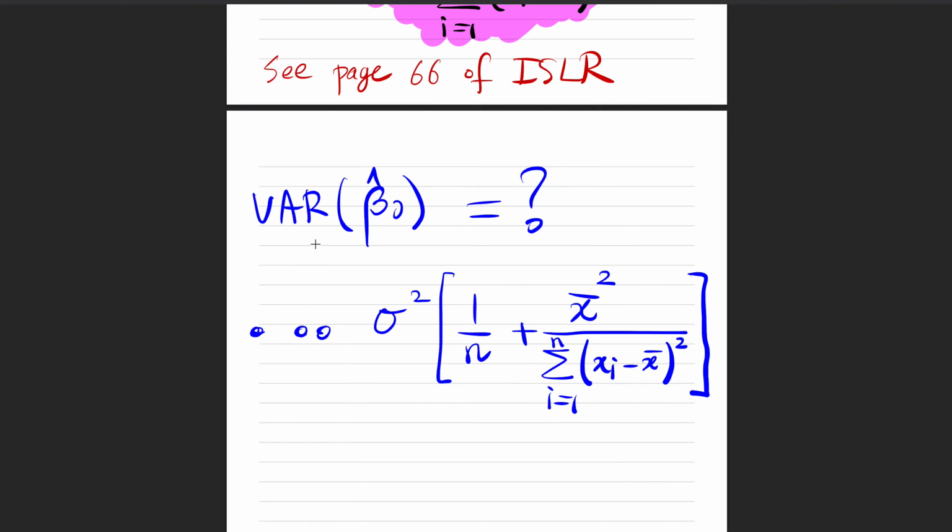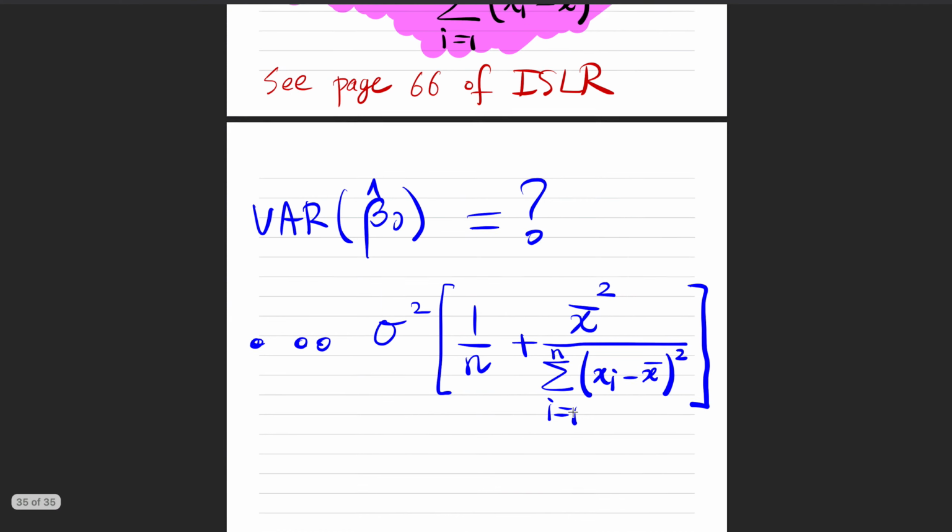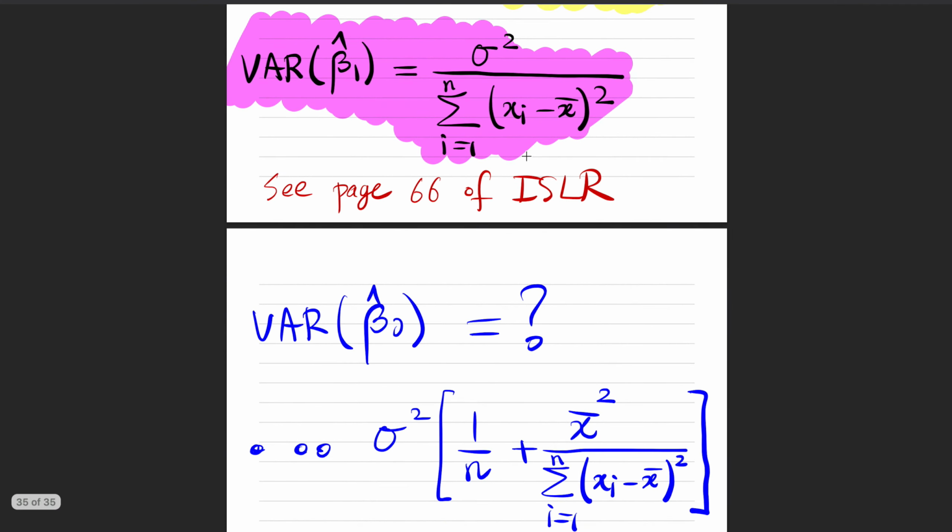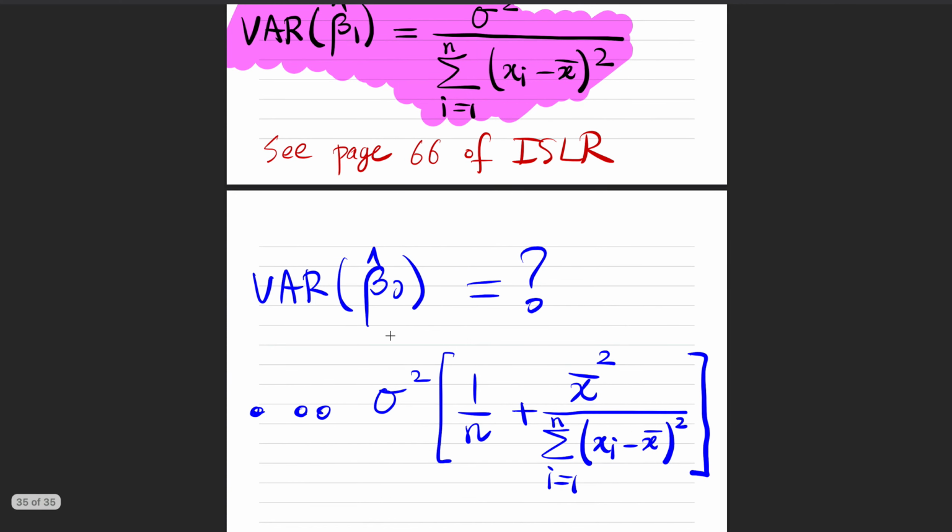You can calculate the variance of beta hat 0, and you will get this quantity. Even though it has a different form, it follows the same logic. The variance of the intercept depends on the noise variance. So the higher the noise variance, the higher the variability, the uncertainty of our intercept.